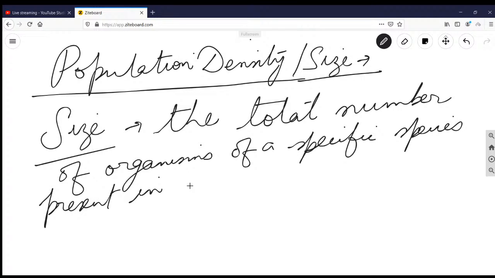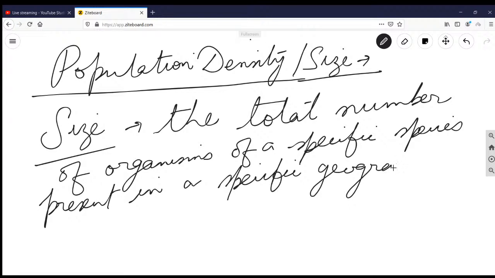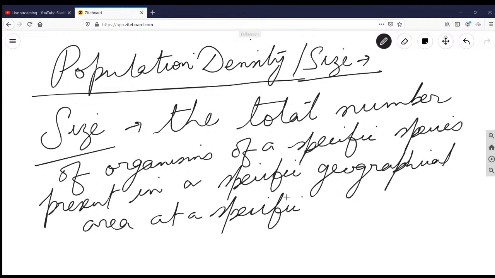Still the definition is incomplete. Specific geographical area, but that can change. So you have to write at a given time. Specific geographical area at a specific time. So this word specific is very very important here.